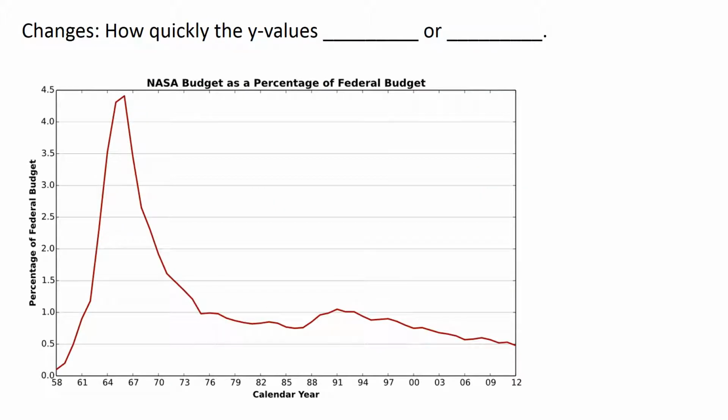Finally, the last thing we're going to describe in this lesson is the speed of changes. So how quickly y values climb or fall. So here we see that the NASA budget starting in 1958 skyrocketed until about 1967. So you see it climb very fast.